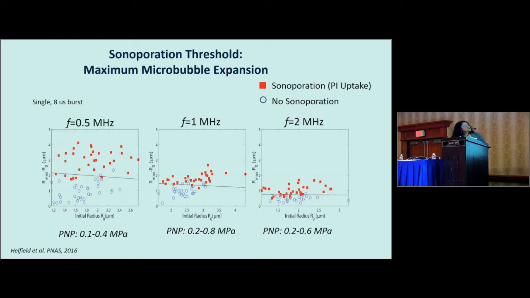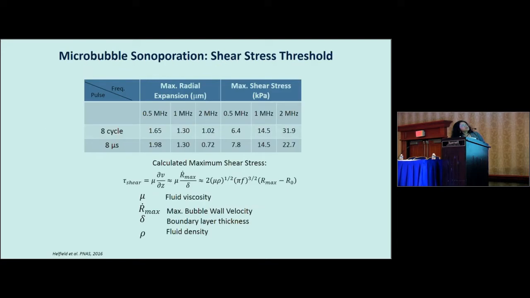Now, if you take this absolute excursion of the microbubbles, that is maximum radius versus minimum radius, you can convert that to a shear rate. And we find that at these different frequencies, there is a threshold shear rate above which the microbubble will cause membrane disruption. So you can have any number of acoustic parameters, but if a threshold shear rate is achieved, the membrane will break and a pore will form.